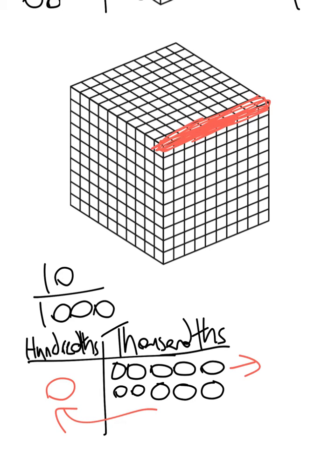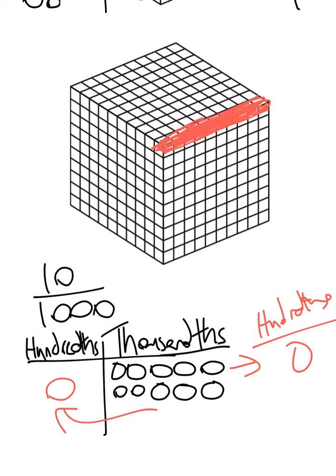So this equals the same as if you had your hundredths place and you just put one circle underneath it or one chip. So in other words, 10 thousandths equals 100ths.